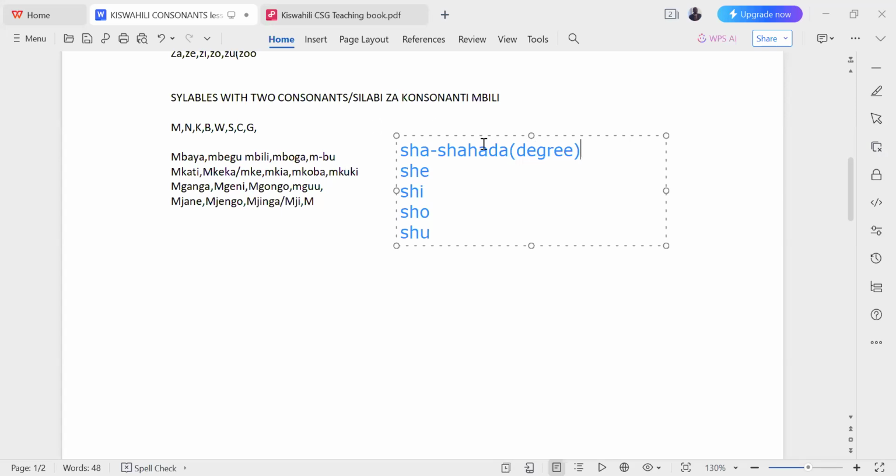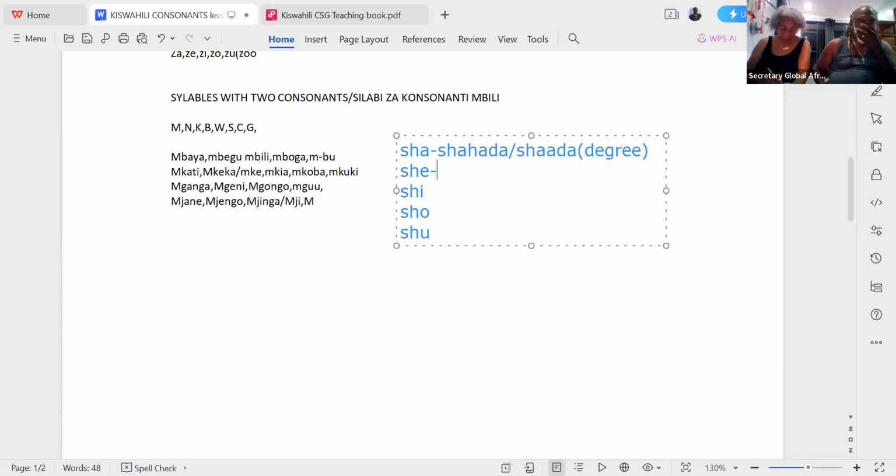Sometimes the H of the second syllable is ignored and they say shaada, putting a double A, instead of shahada. But shahada means a degree. So you can have a degree in education. We'll say shahada ya walimu, which means degree in education, or bachelor's of education. So basically we use the word shahada to mean degree, and I've said degree in terms of education.